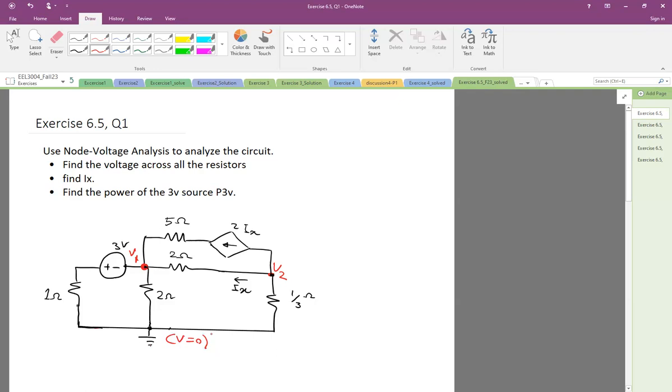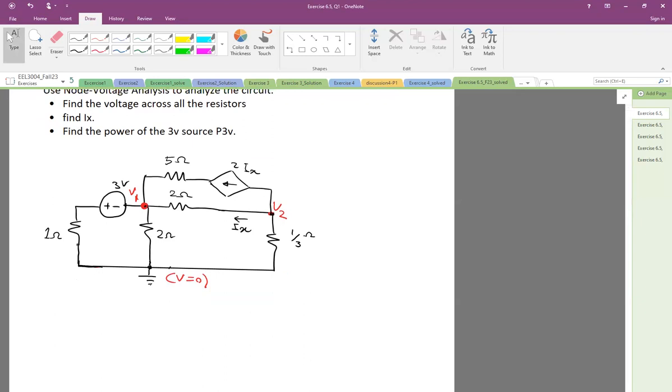So now for node analysis, we need to write the KCL at these two essential nodes. KCL at V1. We need to look at the currents that are going out. Let's start with this one.